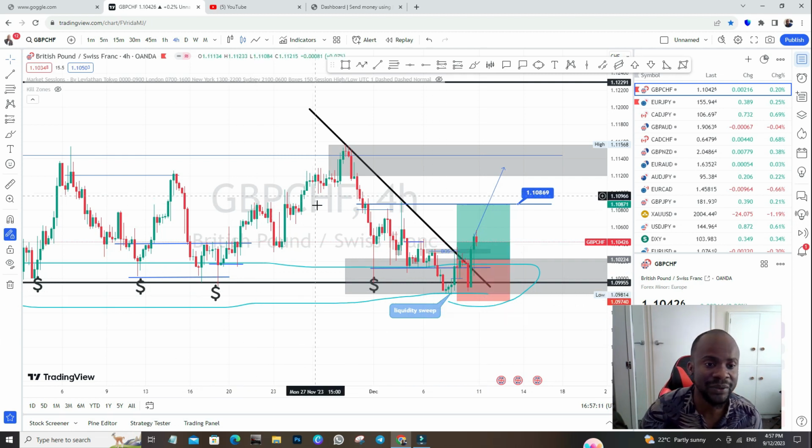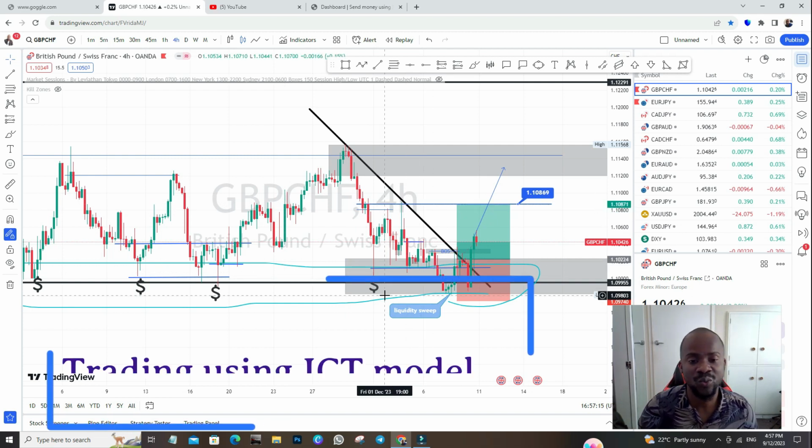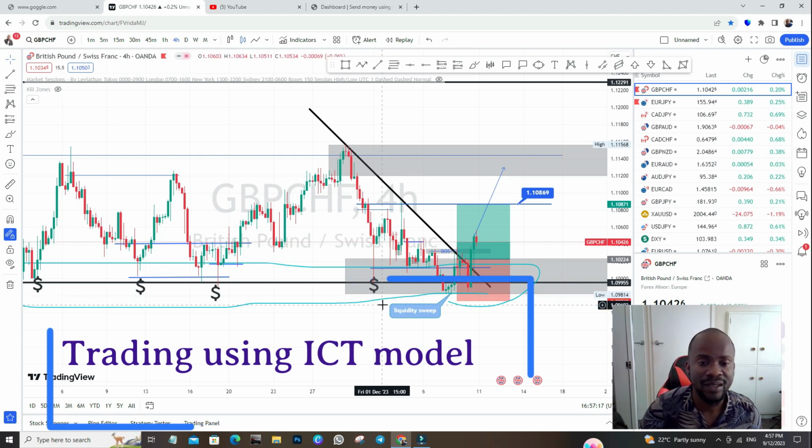First of all, this is GBPCHF 4 hours time frame, and the projection was a buying opportunity.